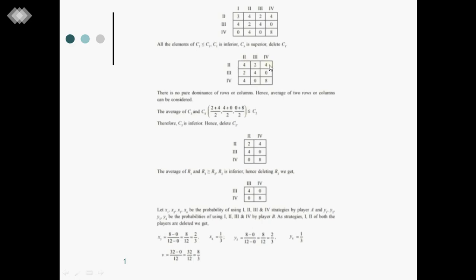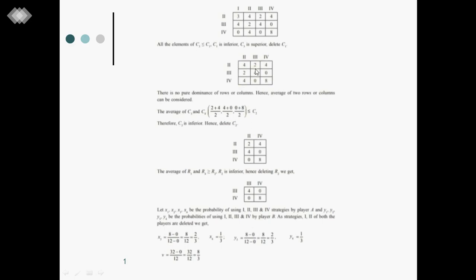See, if you average 2 plus 4, 0 plus 4, 0 plus 8: the average of these two is 3, 2 and 4. So the group should dominate the individual. 3 is less than 4, 2 is equal to 2, and this is 4. How is it 4? 0 plus 8 divided by 2, that is 4.